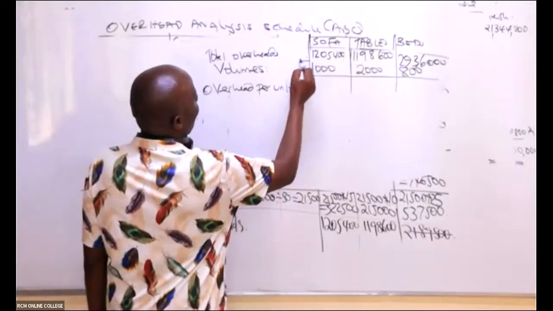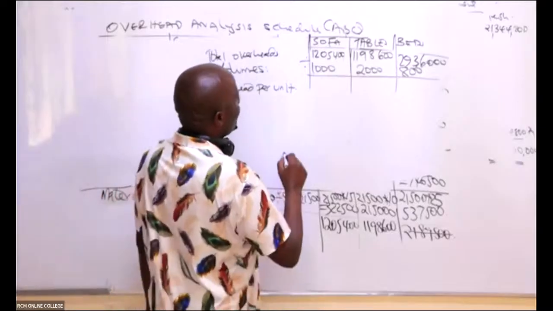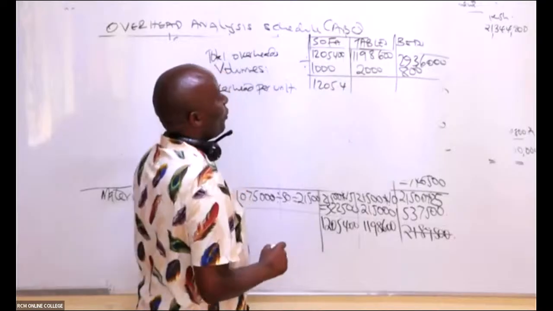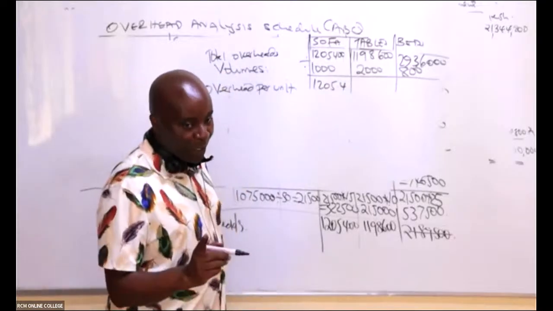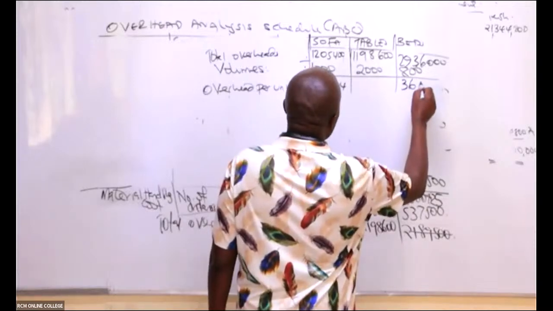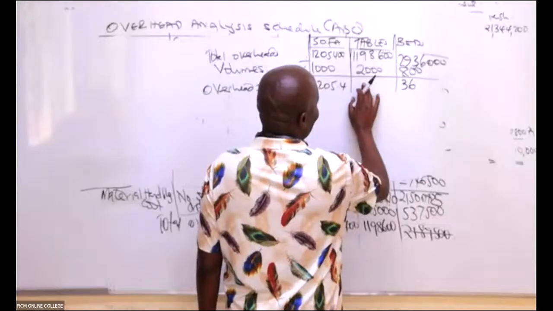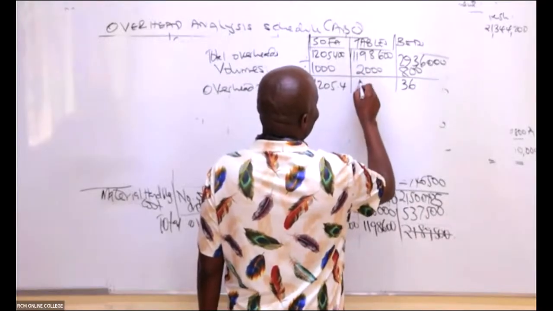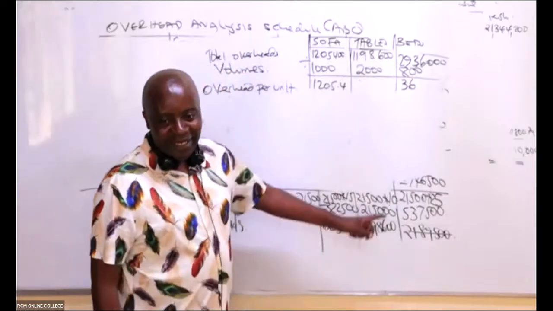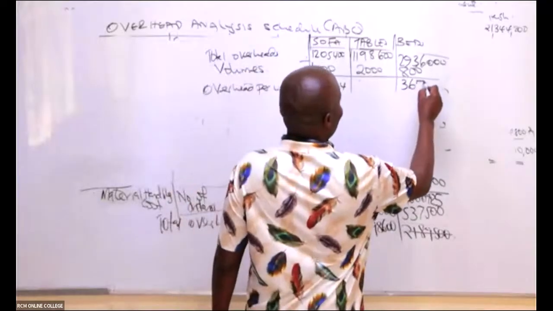So that means you divide, isn't it? Overhead per unit. So then this will be 1205.4. The second one, 36, 70.